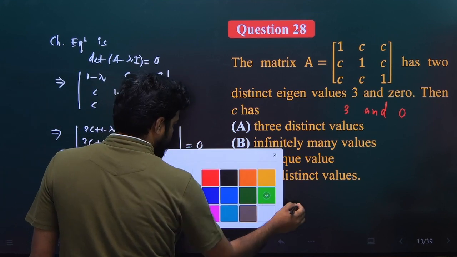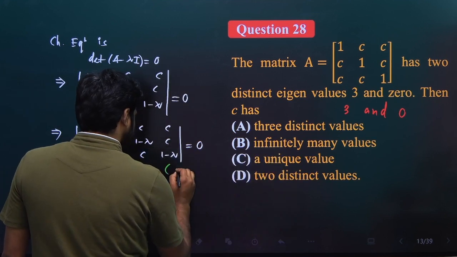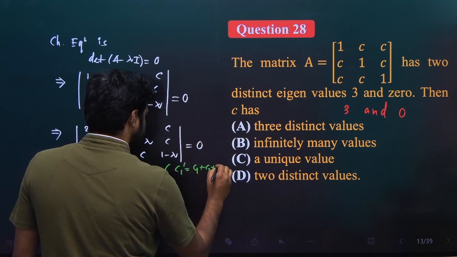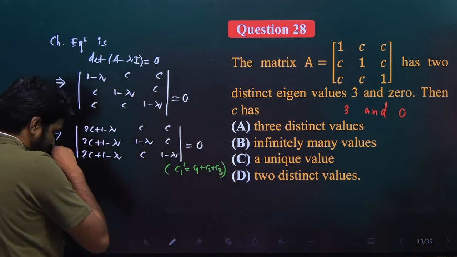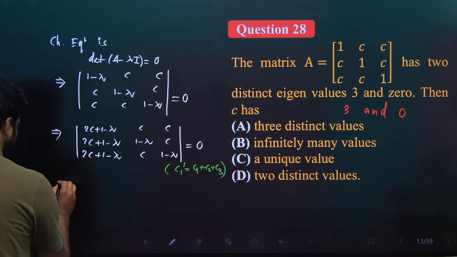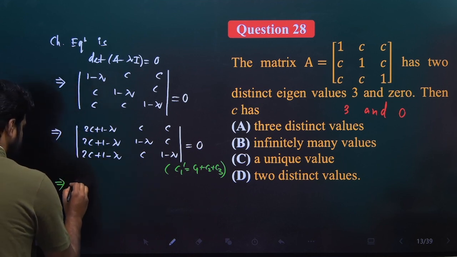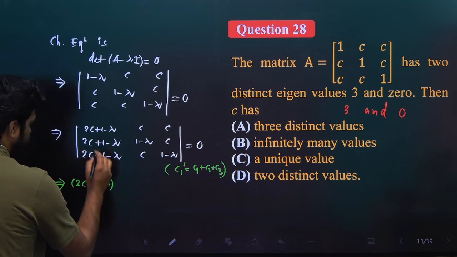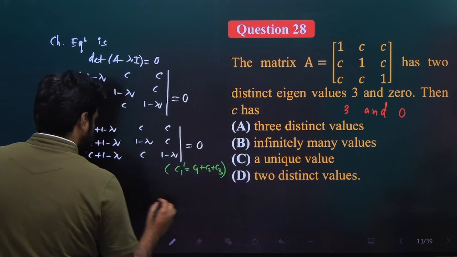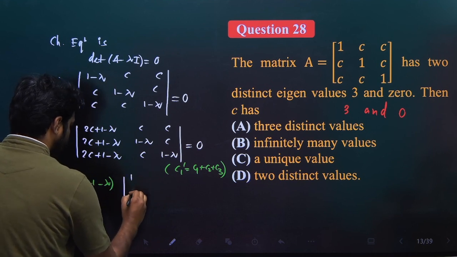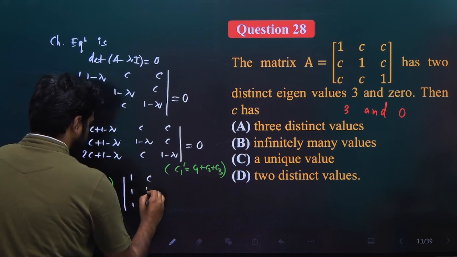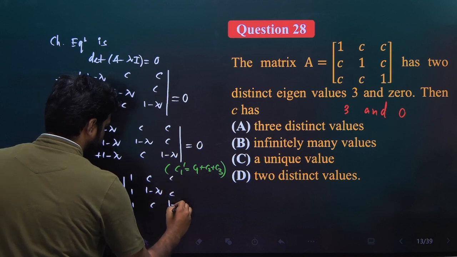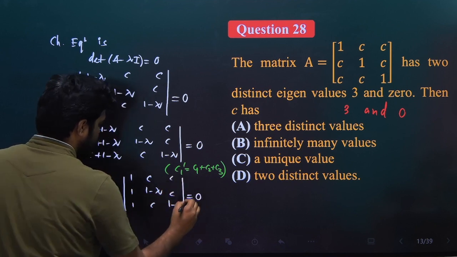Just see what we do here. That is C1 dashed is equal to C1 plus C2 plus C3. So now taking 2c plus 1 minus lambda common, we get the determinant of 1 1 1, c, 1 minus lambda, c, c, c, 1 minus lambda equal to 0.